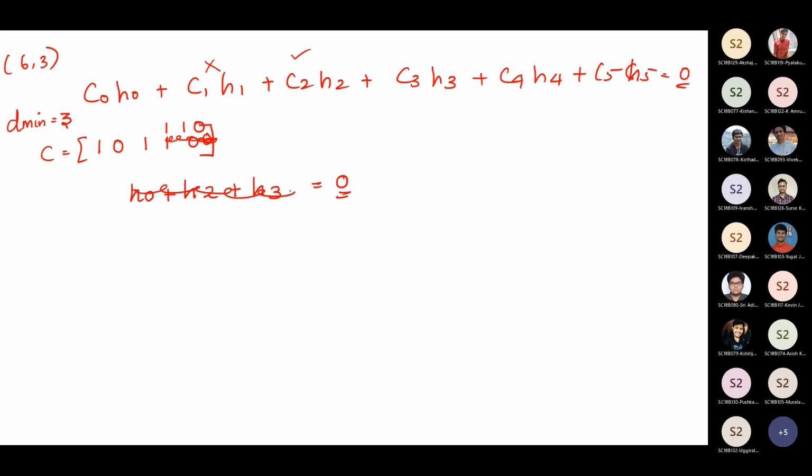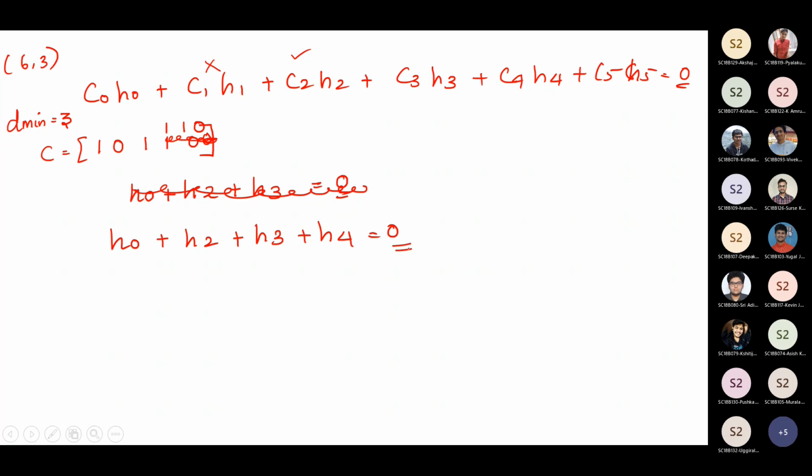So here the Hamming weight is 4, so I can take H0 plus H2 plus H3 plus H4 will be equal to 0. Since the Hamming weight of this code word is 4, if I add 4 columns of the H matrix, I will be getting the 0 vector.